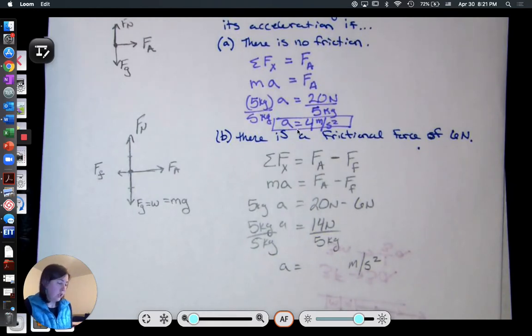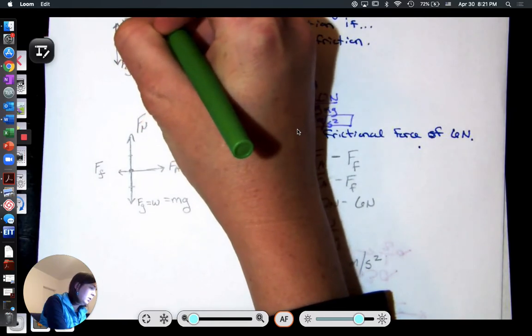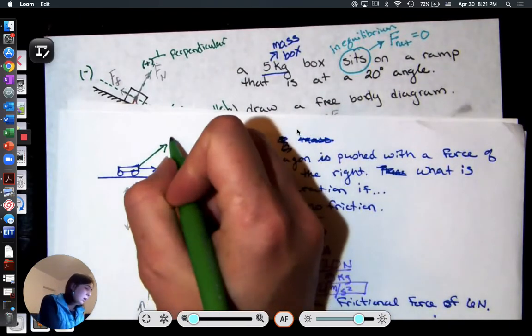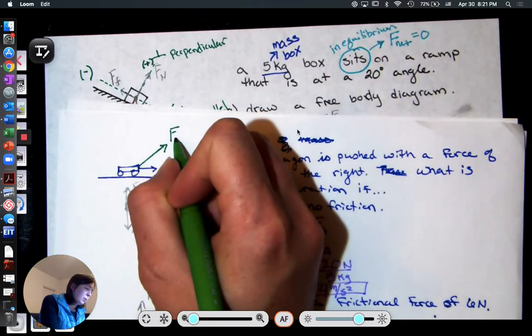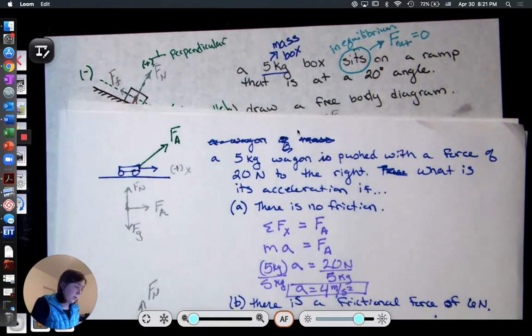Things don't change if this wagon were to be pulled at an angle. Instead of being pulled straight, if I pull this wagon at an angle, the applied force is changed, and so that would change my free body diagram.